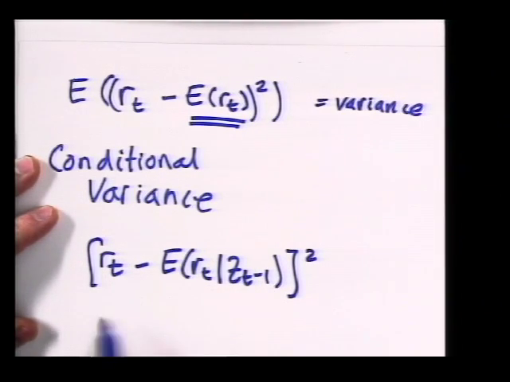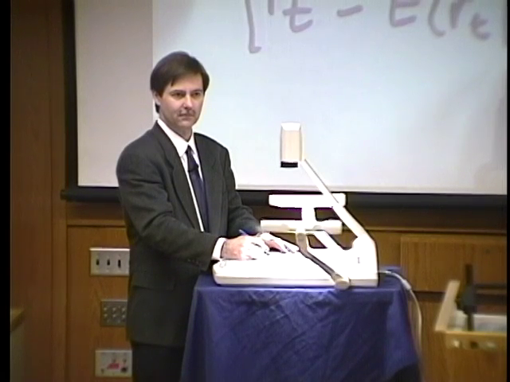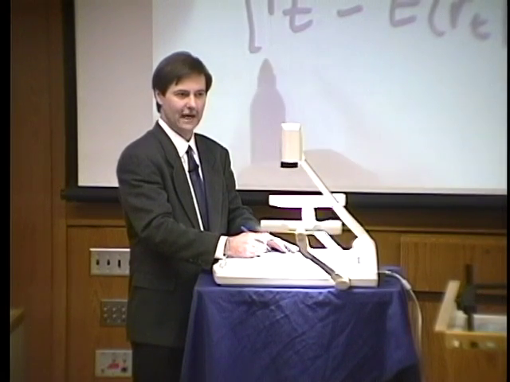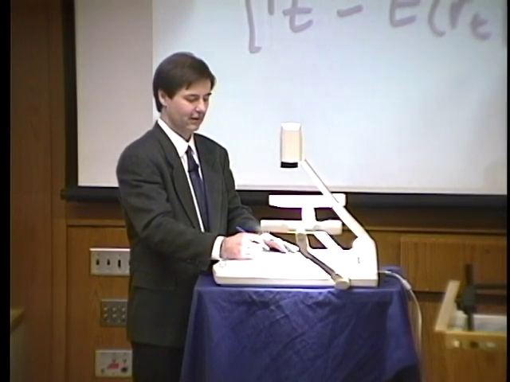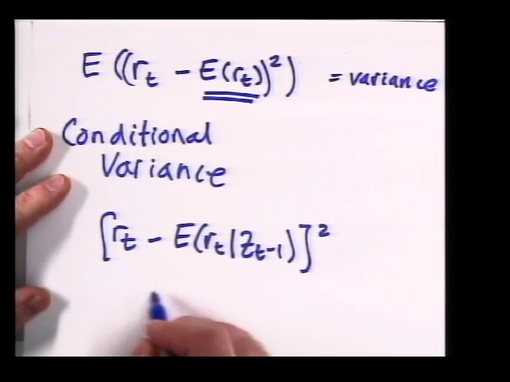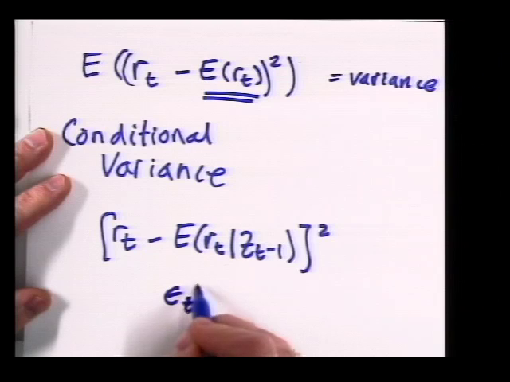And what is this thing here? The actual value of R t minus the conditional expectation of R t. In the context of our regression model, the residual. That's all it is. What's not expected. The actual minus what's expected is the residual. So we could write this as the epsilon squared.